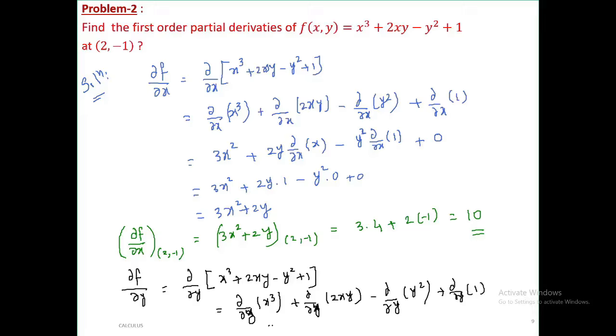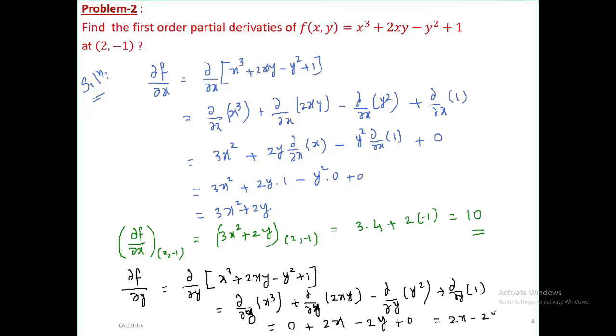Then what do you get? First one, ∂/∂y of x³ is 0, right? Next, plus ∂/∂y of this one. That means 2x is constant as it is, but the y derivative is 1. So 2x into 1 is 2x. Like this you can do directly, no problem. Minus, with respect to y, the derivative of y² is 2y, and this one's derivative is 0. So finally the answer is 2x − 2y.